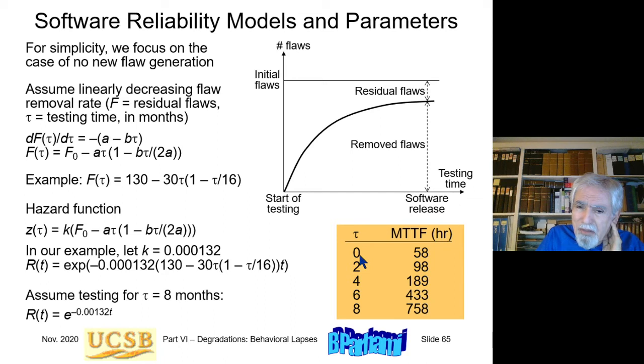And as I increase the amount of testing, mean time to failure increases. And then if it becomes acceptable, that's when I can stop testing. 8 months of testing is adequate according to this model. Of course, this model is itself approximate, and we cannot depend on it 100%, but it's better than having nothing.